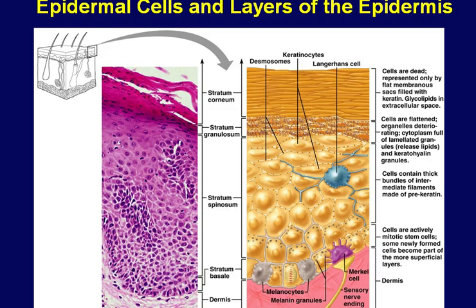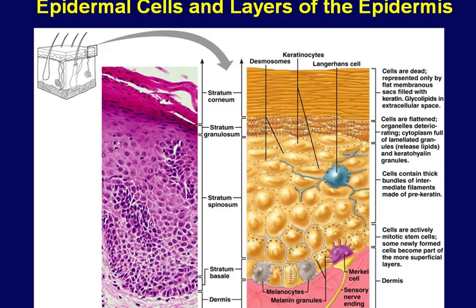Merkel cells. These cells are thought to have been derived from the neural crest. They move into the epidermis from the dermis during embryonic life and tend to lie in close contact with the sensory nerve endings near the stratum basale of the epidermis, and are also found scattered among the keratinocytes of the epidermis.